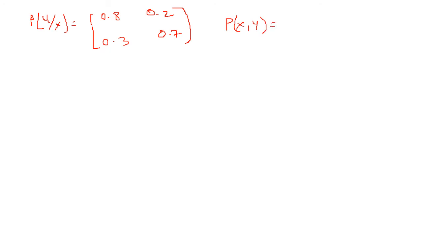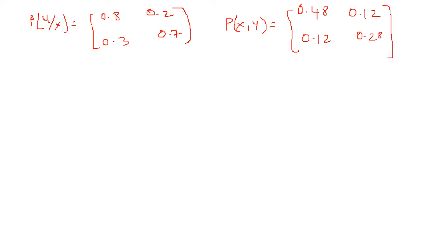Now we know the P(Y/X) matrix, which is equal to 0.8, 0.2, 0.3, 0.7, and the joint probability matrix P(X,Y), which is equal to 0.48, 0.12, 0.12 and 0.28.